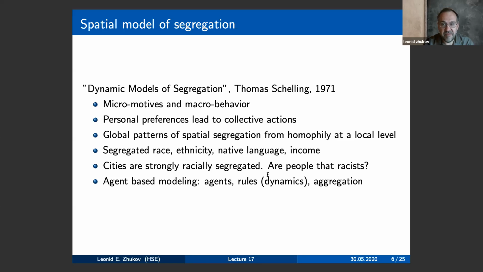But in spite of the fact that most people are quite tolerant, all of a sudden, as a system, eventually cities become segregated, right? And so the question he was investigating is how is that possible? Every agent is tolerant, but it results in global intolerance.